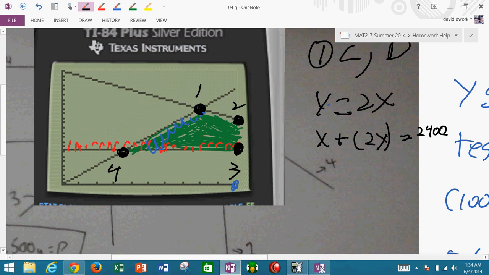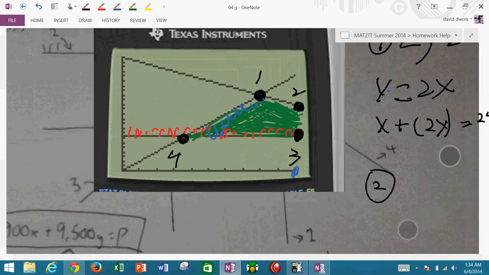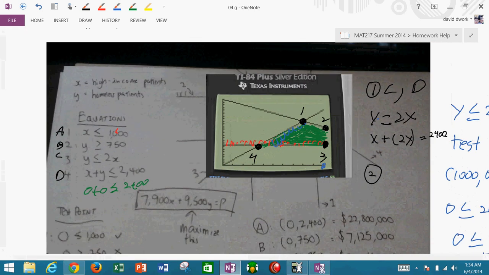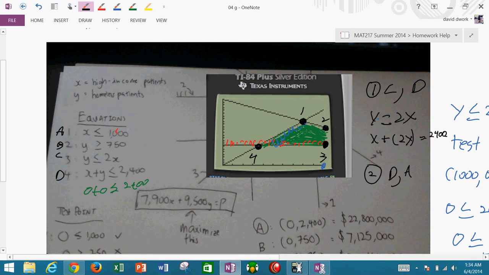All right, so then corner point number 2, where is that coming from? That is the intersection of line D and A. So again, substitution method, because there we just know x equals 1,000, substitute in. I'm guessing at this point you're fine.